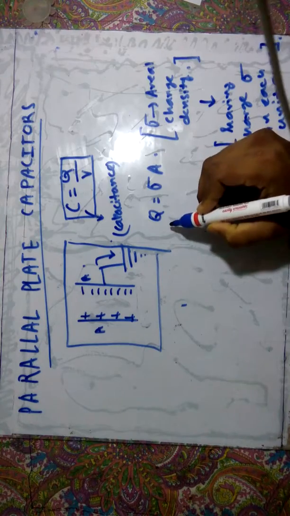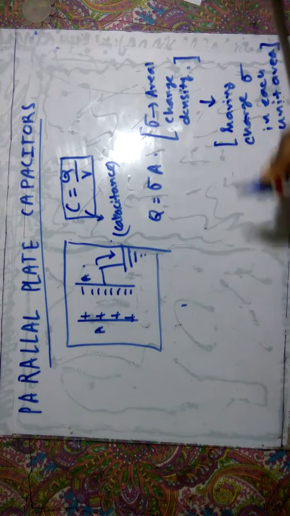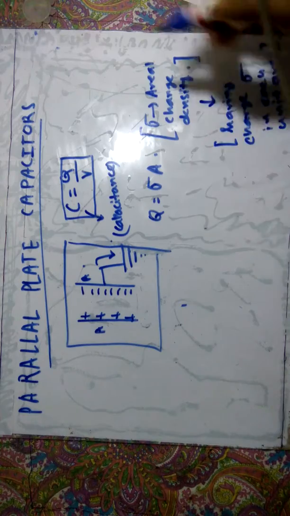So Q is sigma A, and now let's calculate V.